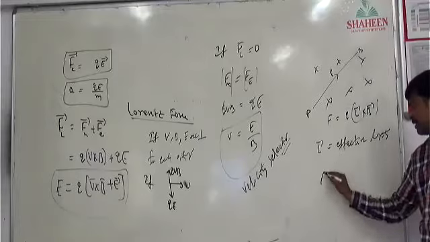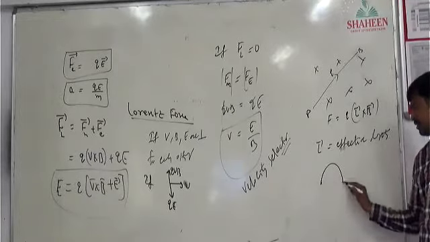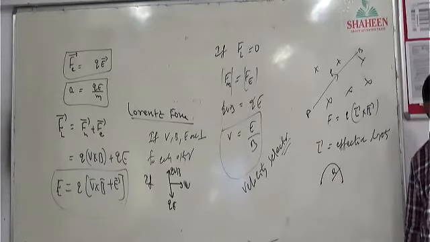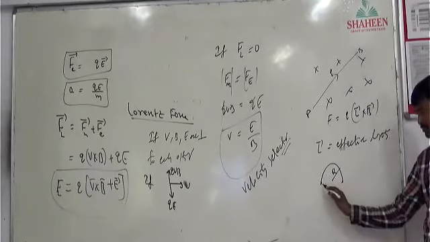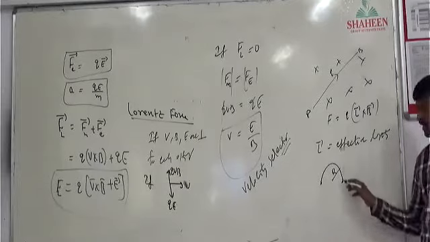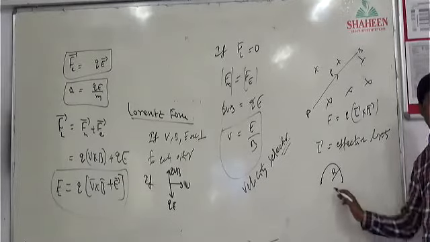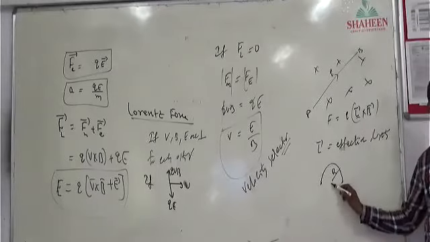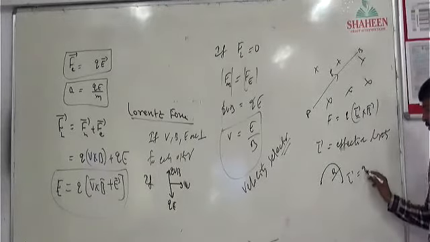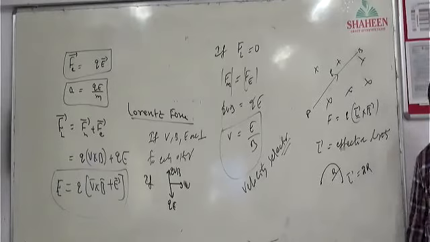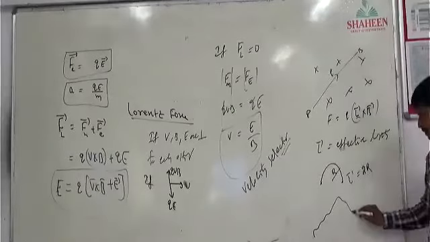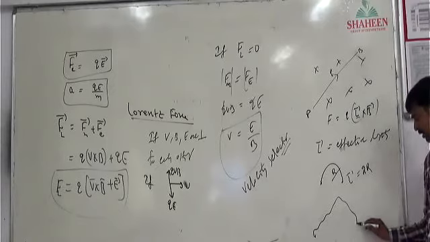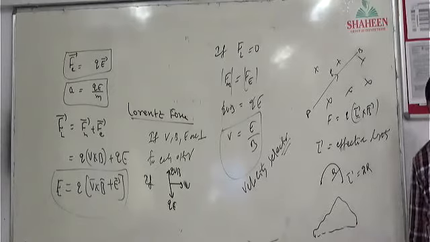But if you take a semicircular wire like this, of radius r, what is the shortest length here? 2r, the diameter. The circumference is pi r, but the effective length is 2r. In place of L, we have to take 2r here. Suppose a zigzag shape is there like this. What length do we take? From this point to this point, the shortest path.